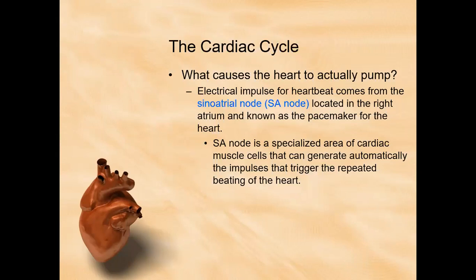It will charge up and then discharge, charge up and discharge, charge up and discharge. And the quicker it charges up and discharges, the faster your heart beats. The slower it charges up and discharges, the slower your heartbeat. It also controls how strong your heart contracts.